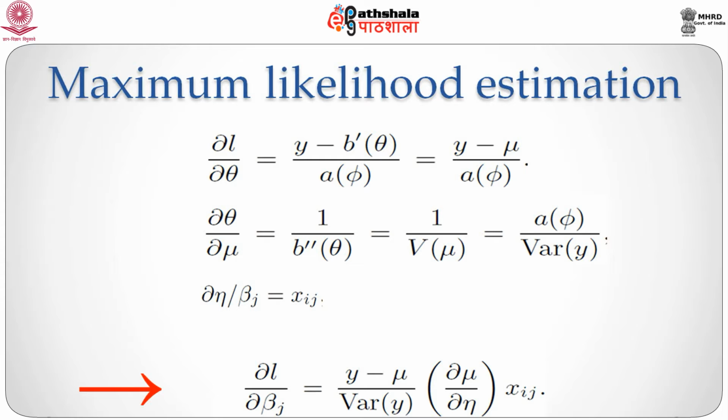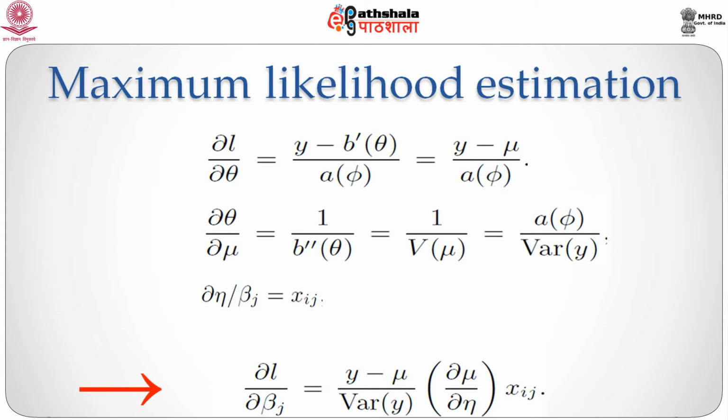Del theta del mu is equal to 1 over b double dash theta equal to 1 over v mu, v mu being the variance function, or alternatively this is equal to a phi over variance of y. We have used the result that for one parameter exponential families, v mu, the variance function, is given by b double dash theta up to a scalar a of phi.